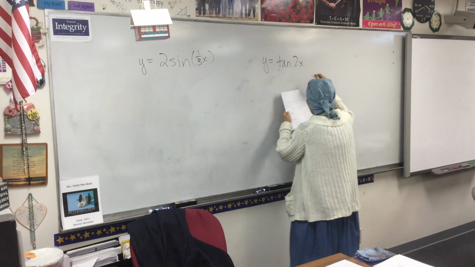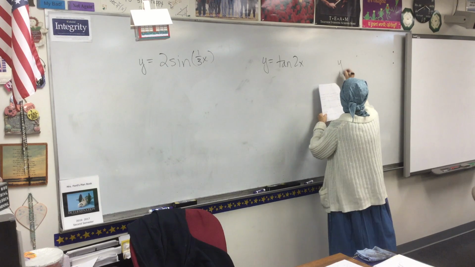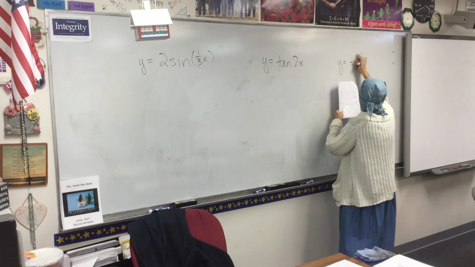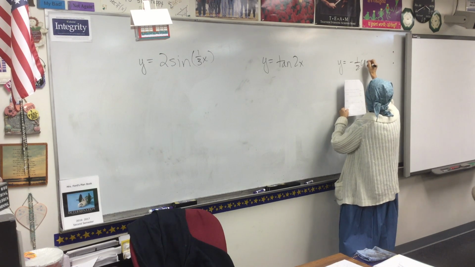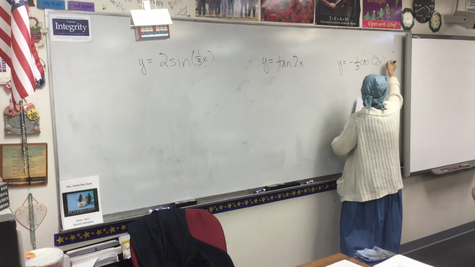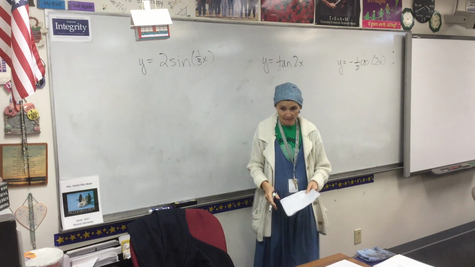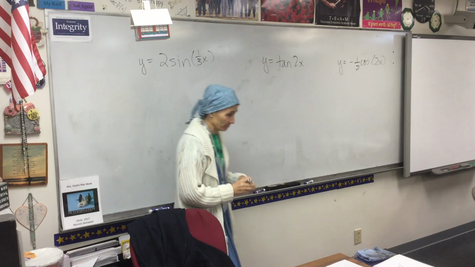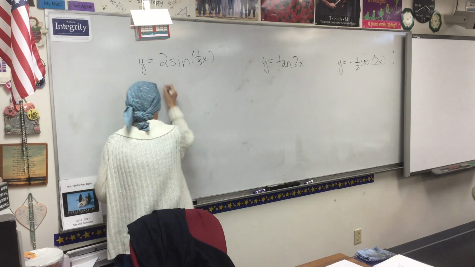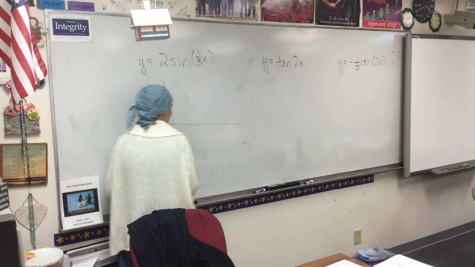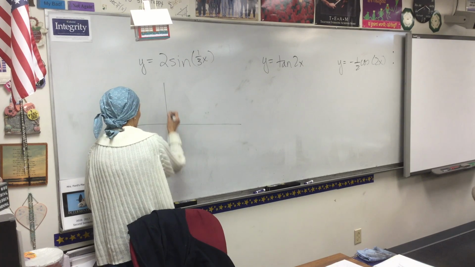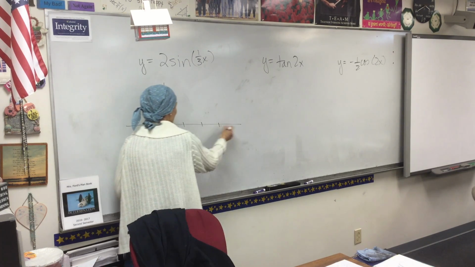And your test will have 3 graphs to do. And you can probably imagine that one of them will be a sine, one will be a cosine, and one will be a tangent. So here we go. When we graph a sine, hash, 1, 2, 3, 4.